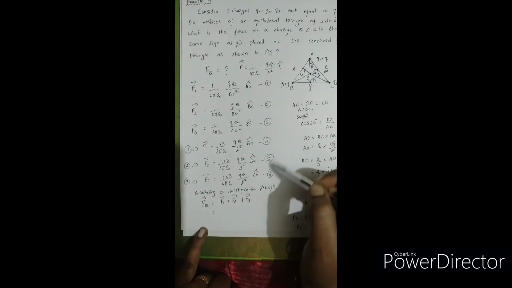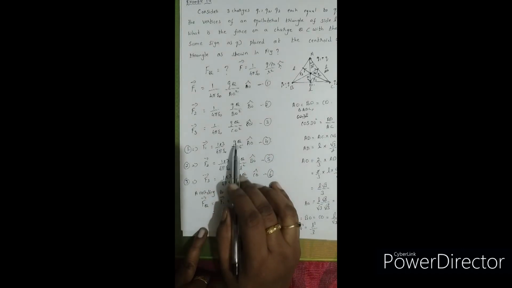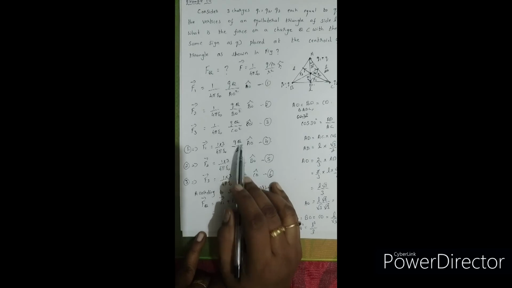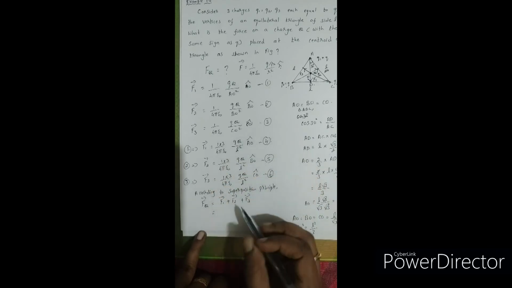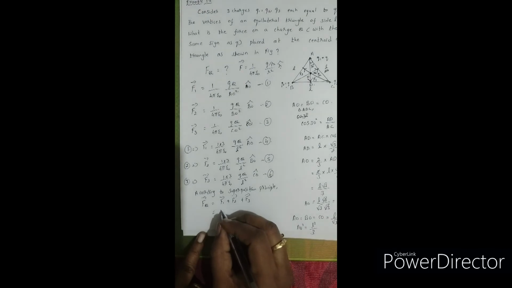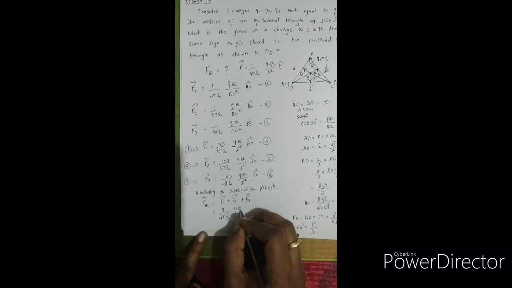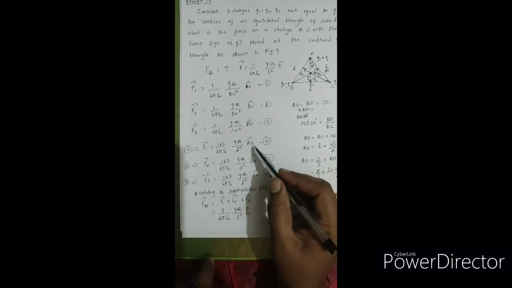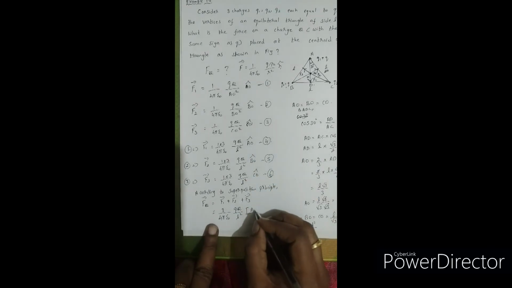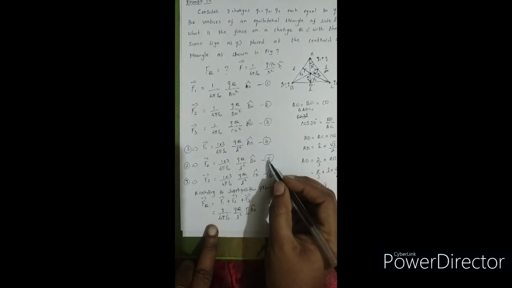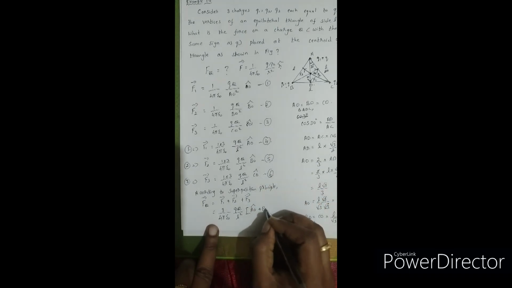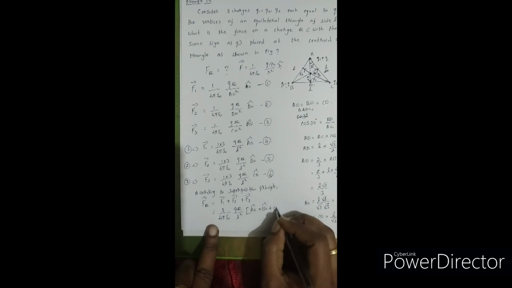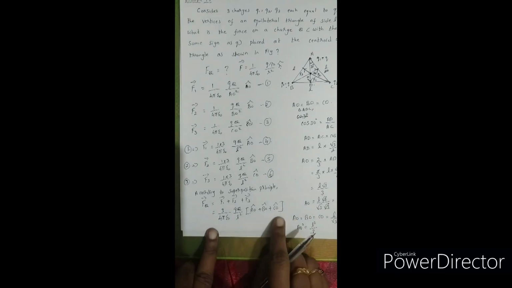In all these three equations, this 1 by 4 pi epsilon naught capital Q small q, L square into 3 is common. So let's take them out. So what can I write? I can write 3 divided by 4 pi epsilon naught small q capital Q divided by L square into what else will be remaining from the fourth equation? AO unit cap. What else will be remaining from the fifth equation? BO unit cap plus CO unit cap will be remaining.